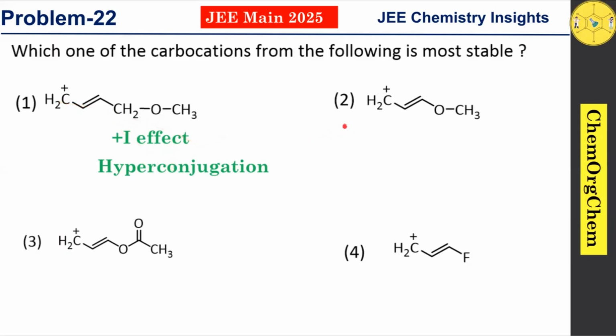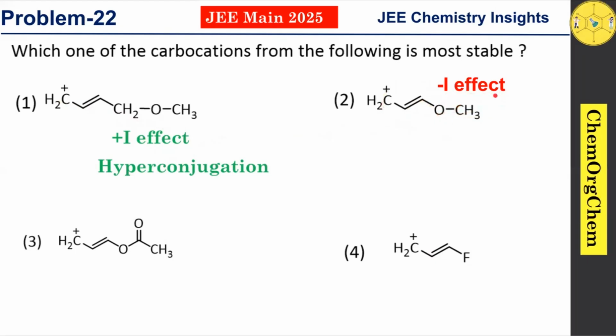Now moving on to our second option. Here you can see that the double bond is attached to a methoxy group. Particularly, you should look at the oxygen atom. We know that oxygen is a highly electronegative element that can pull electrons from this carbon inductively. Therefore, the minus I effect potentially destabilizes this carbocation.